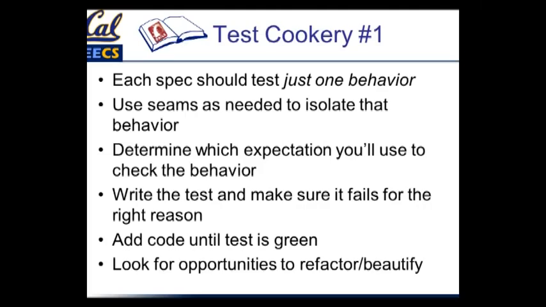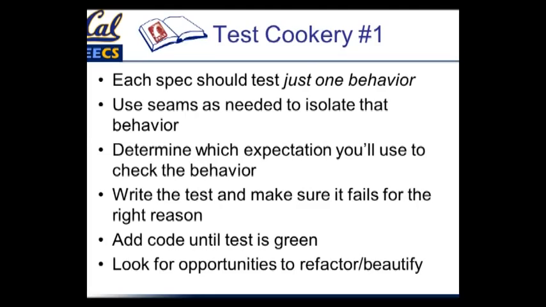Are we checking that something should end up with a certain value? We write the test. Initially, it fails because we haven't written the code, so just make sure it fails for the right reason, as opposed to it fails because you made a syntax error. You add code so that the test passes green, and then before you go on, you look for opportunities to dry out or refactor or beautify your test. And there are some examples of that using before in Chapter 5 of the book.